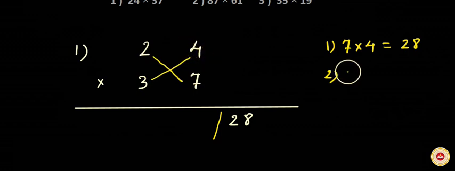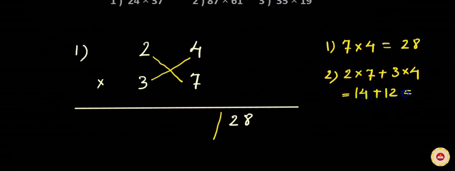So let us write here 2 multiplied by 7 plus 3 multiplied by 4, which is equal to 7 2s are 14 plus 3 4s are 12, which is 26. Correct? So write 26 in the middle part.